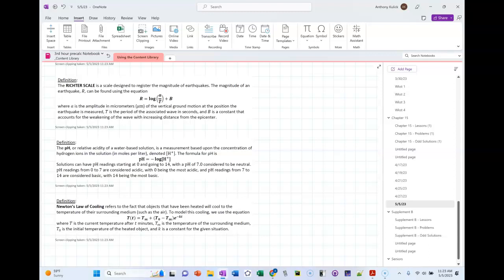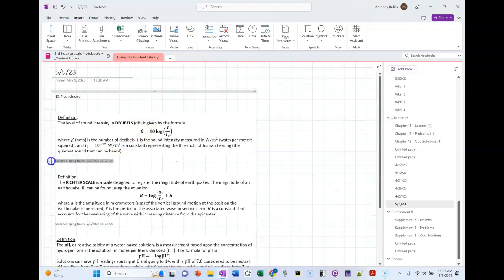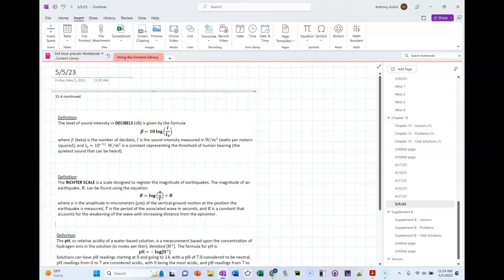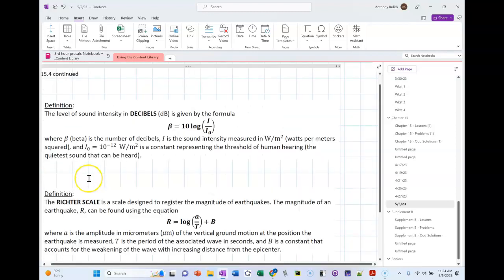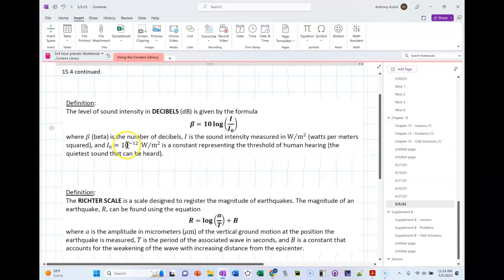So these are going to be the 4 scenarios that we're going to look at. The first one we're going to look at is sound intensity.